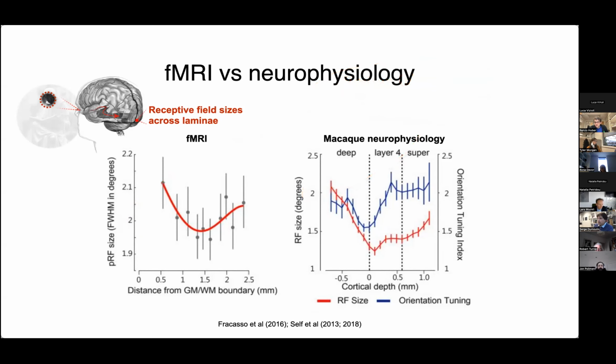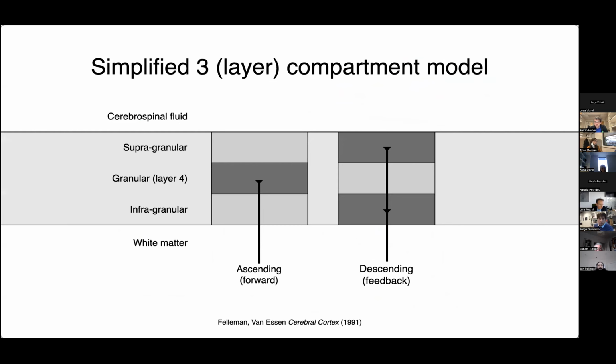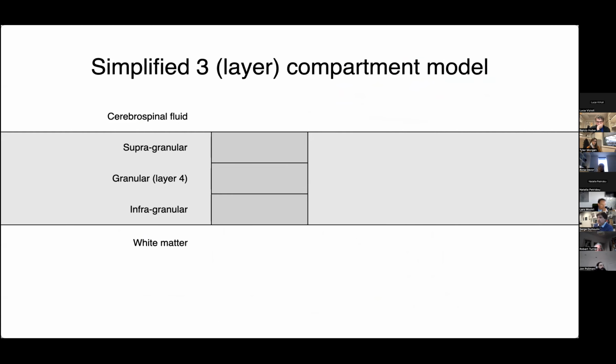Now, if we think about the interpretation, I talked about feedforward and feedback. Descending information arrives in the deeper and superficial layers. So you could say, okay, the PRF sizes are bigger because of the contribution of feedback signals. But I think the simpler explanation is that this is simply the laminar hierarchy. The signals come in and are then pooled in the deeper and superficial layers.